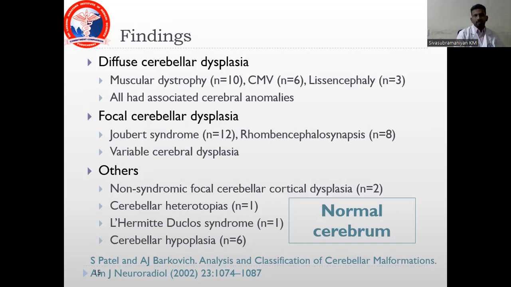We also have focal cerebellar dysplasia, like in Rhombencephalosynapsis or Joubert syndrome, and a variable cerebral dysplasia was seen in these cases. And in the other non-syndromic cases where there was heterotopia or hypoplasia or a focal cortical dysplasia, the cerebrum was normal.